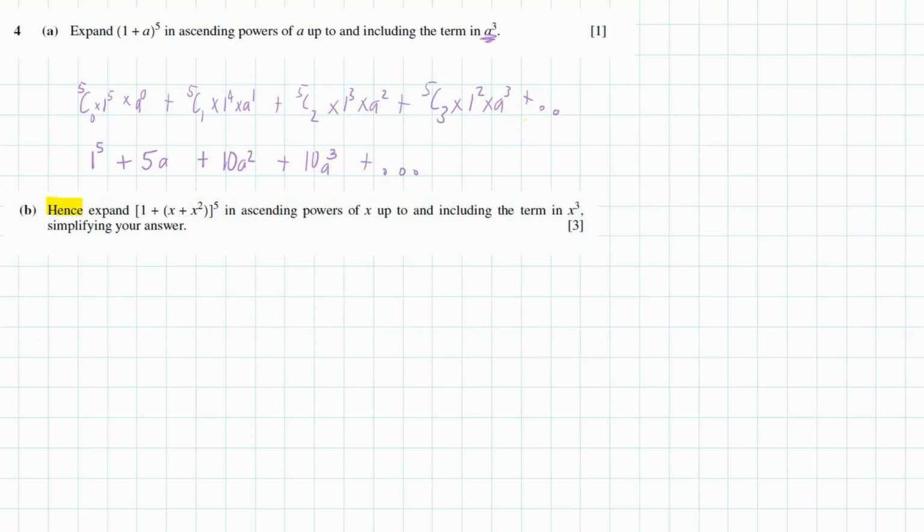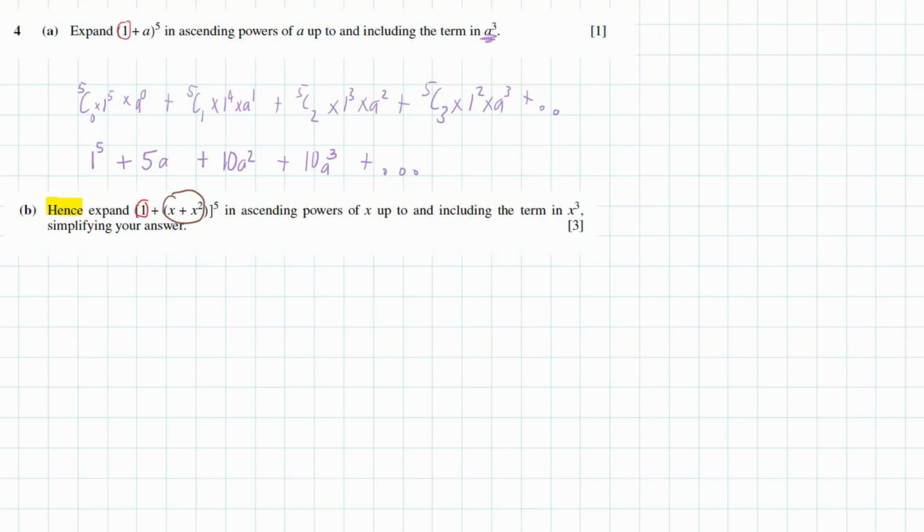We need to expand 1 plus, and then we've got this (x + x squared) all to the power of 5. So let's see, we've got a 1 here and a 1 here. That's the same in both. Now let's look at this x plus x squared. That is what the a is in the first one.